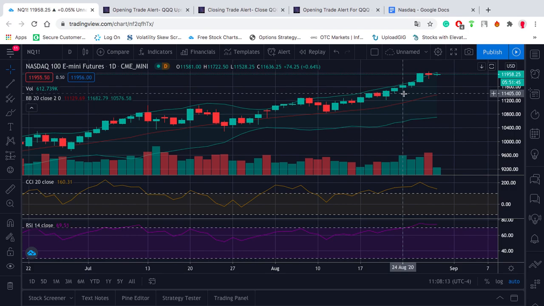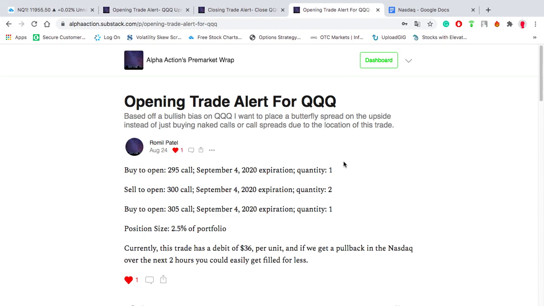Butterfly spreads are really cheap. They are multi-legged, but they are really, really cheap. You buy one, you sell two, you buy one, and this makes it really cheap. This butterfly spread right here costs about $30 to put on. So you could put it on for essentially 0.1% of the underlying ETF's price. That's how cheap it was. And we keep our position sizing small.